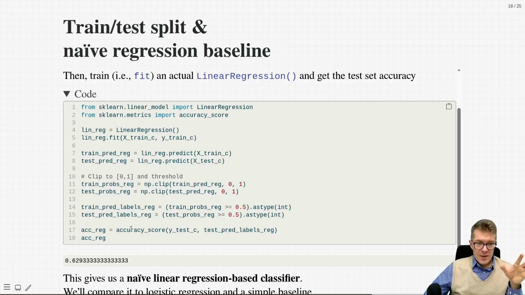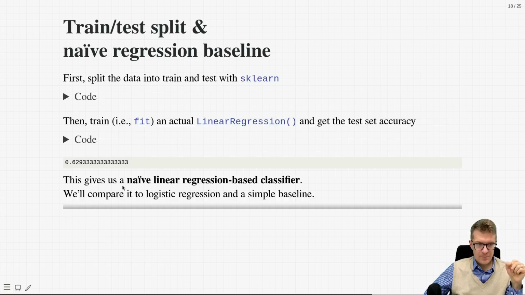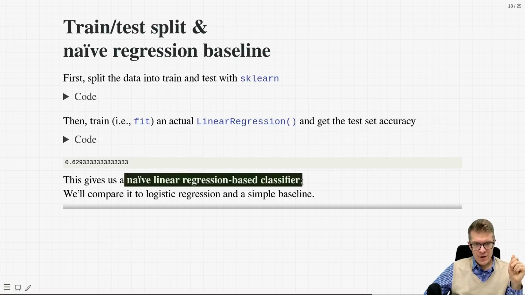And eventually I want to compare those outputs against the truth, and I get, on average, an accuracy of 63%. So this is how well a naive linear regression-based classifier that we've been dealing with in previous modules would react to this kind of scenario.